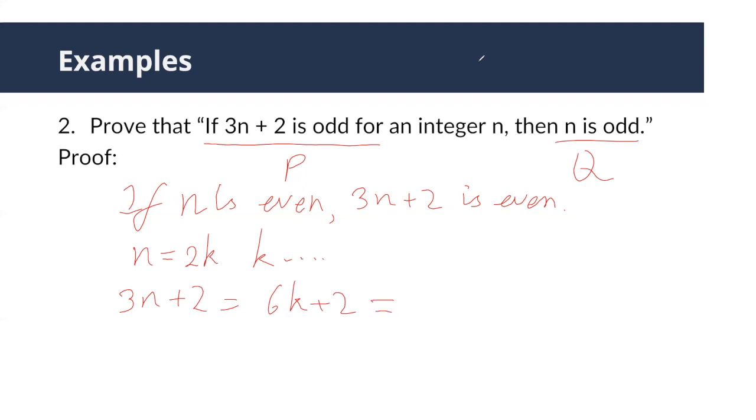Then you can factor out 2 to have 2 times (3k plus 1). Then since k is some integer, 3k plus 1 is of course some integer. Therefore, you show that 3n plus 2 equals 2 times some integer. So you can conclude 3n plus 2 is even. And therefore, you prove that the original statement is true.